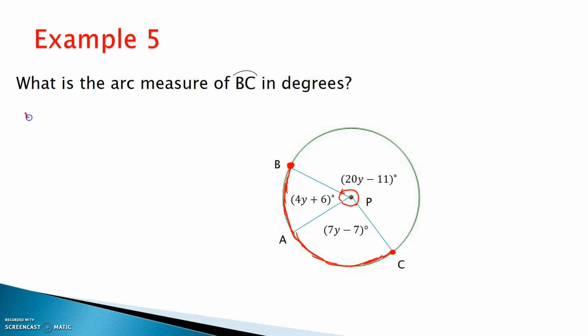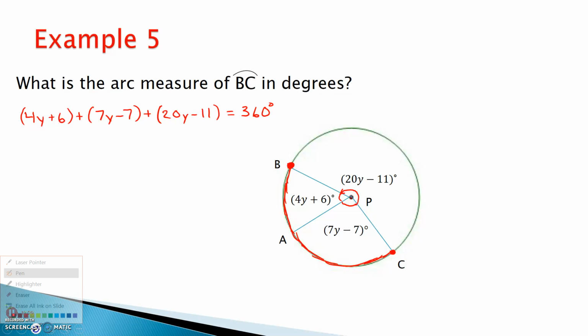So I have to say 4y plus 6 plus 7y minus 7 plus the big piece over here, 20y minus 11. All three of those, if I combine them, I get 360 degrees.